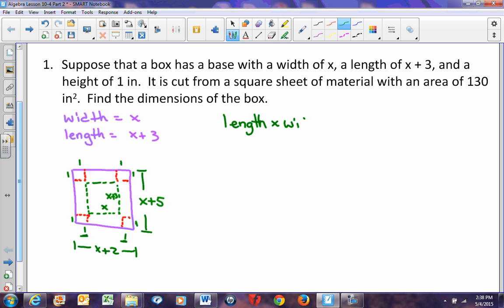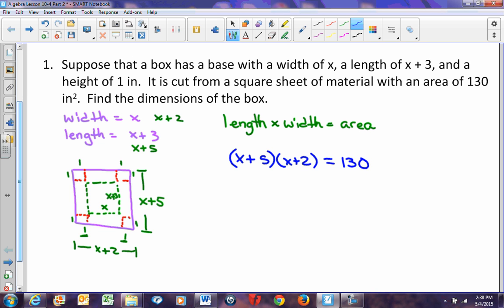My original length is x plus 5, and my original width is x plus 2. So my length, x plus 5, times my width, x plus 2, has to equal my total area, which is 130. So those are my dimensions.